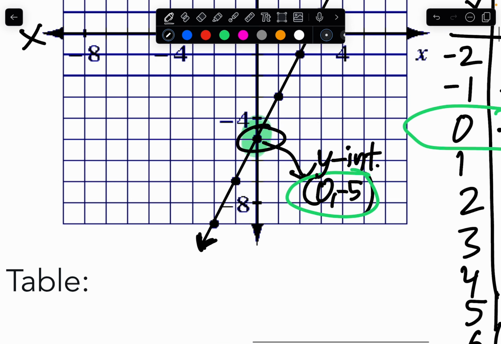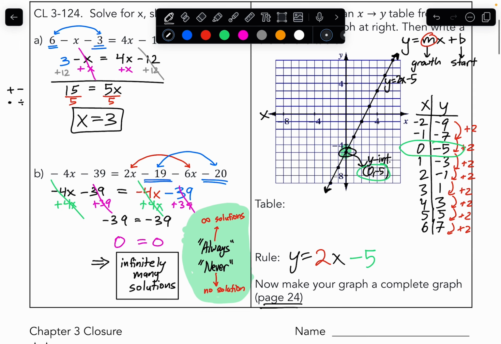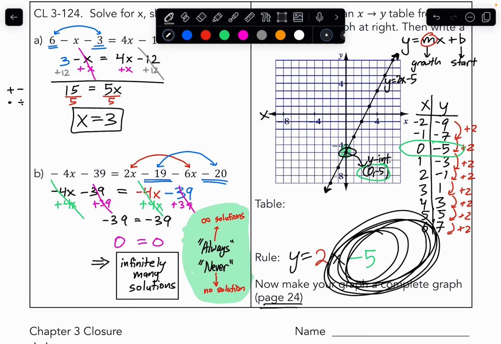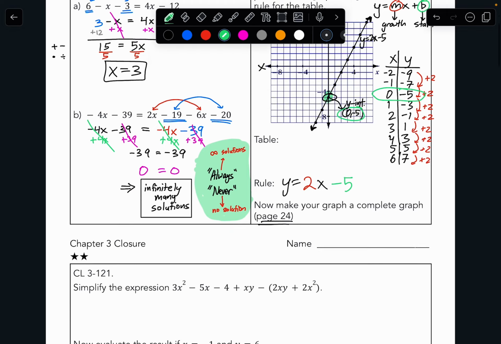The y-intercept is shown on the graph as 0, -5. You might wonder, why is that an important thing? It's because the y-intercept is the same thing as the start. Okay? All right, that one's complete.